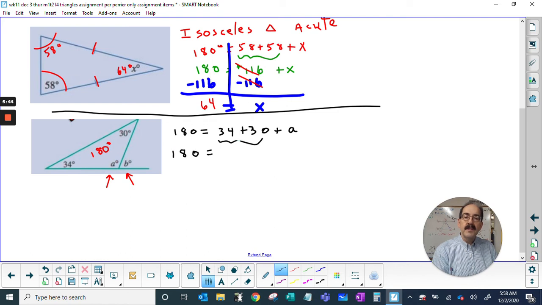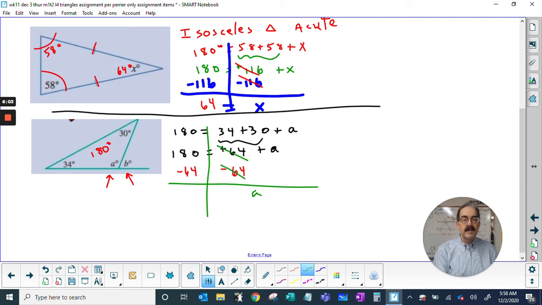180 is equal to 64 plus A. It's a positive 64, so the opposite of a positive is a minus. Our fence. We're happy. 64 minus 64 goes away.